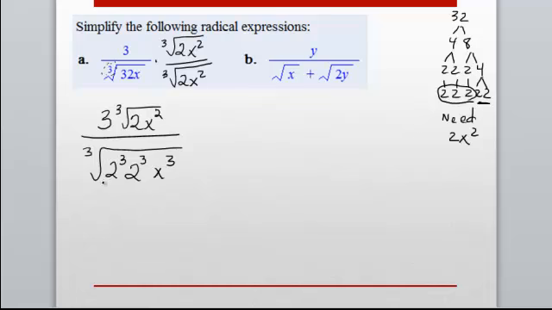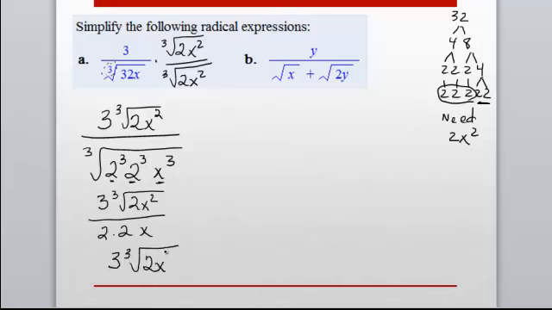Well, remember, if you take the cube root of something cubed, then the cubes go away. So you end up with 3 cube root of 2x squared all over these escape, and these escape. So 2 times 2 times x, or 3 cube root of 2x squared all over 4x.